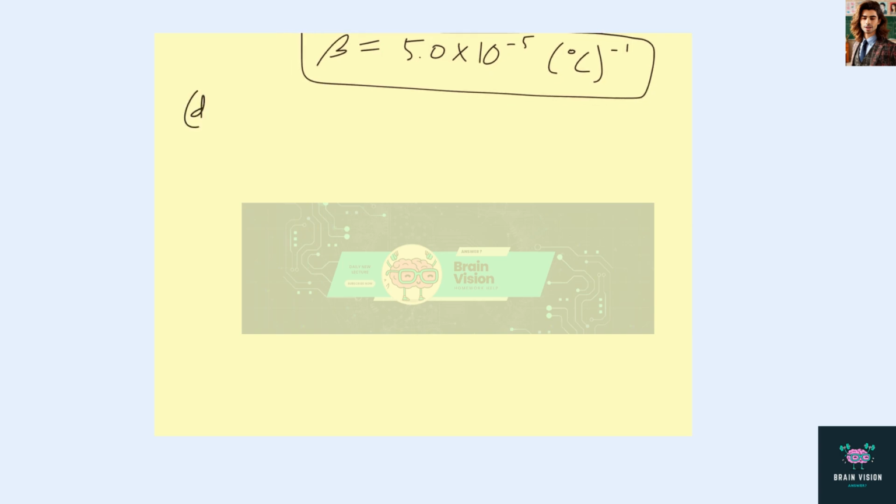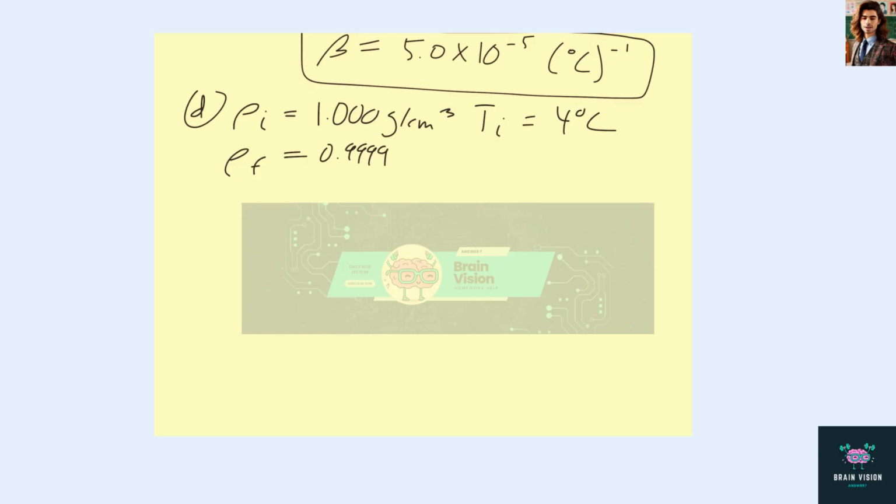Okay, last part, part D. What if we have an initial density of, again, 1.0 grams per centimeter cubed at an initial temperature, same thing, of 4 degrees Celsius, and this time we have a final density of 0.9999 grams per centimeter cubed at a final temperature of 0 degrees Celsius.